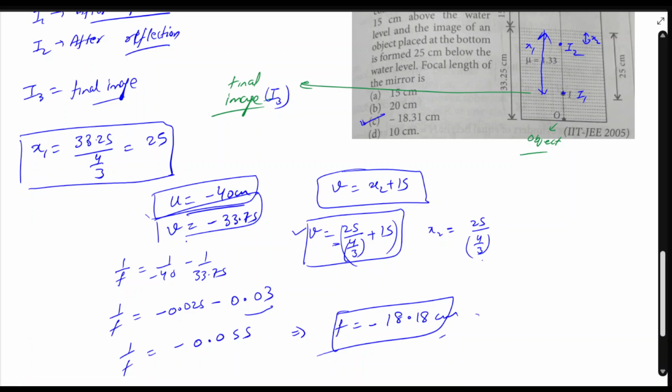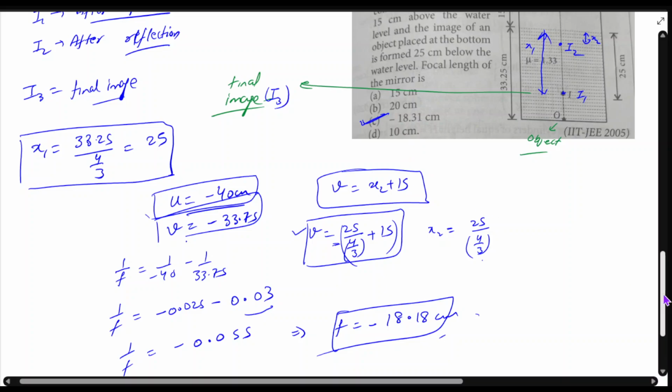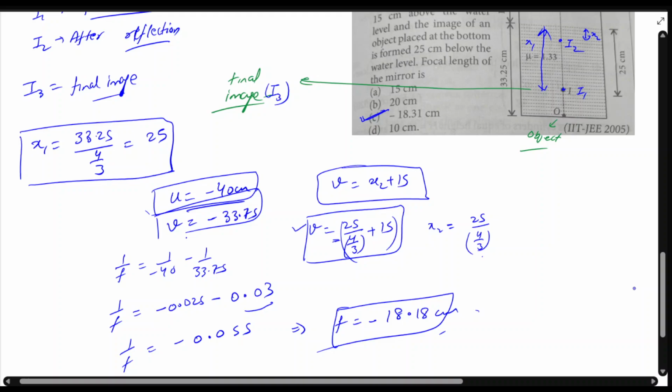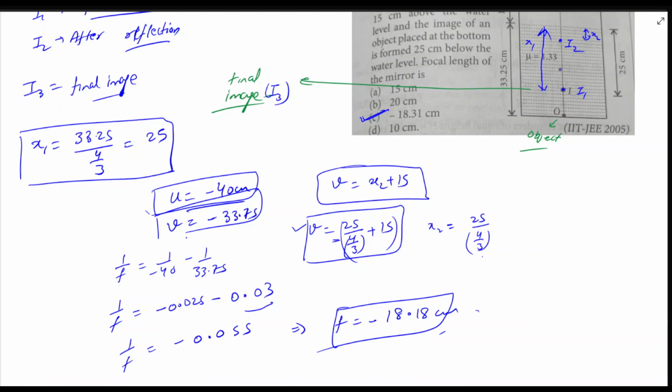I have taken this approximately, but it was not exactly like this. So the option will be C, negative 18.33. This question is quite interesting, right? You could have found the first equation in V and then solved for that, but we have done it in the reverse order.